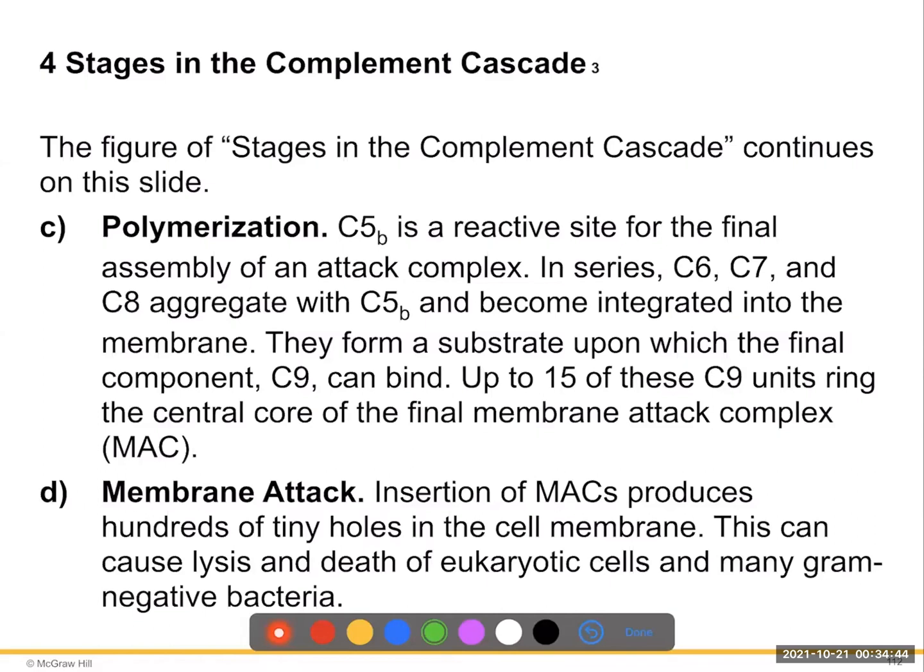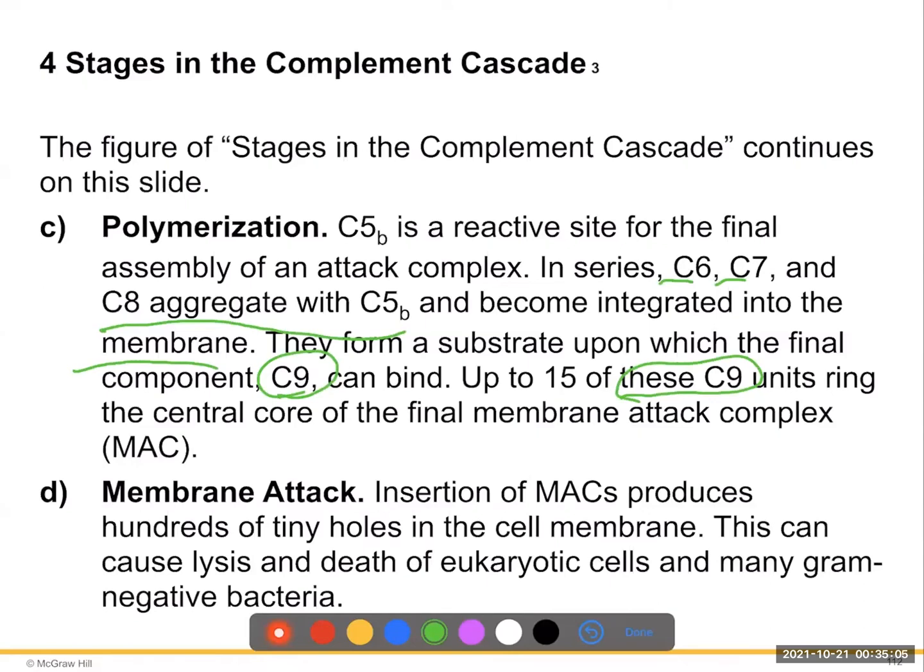Then C6, C7, and C8 aggregate and become integrated into the membrane. They form a substrate for the final component, C9. They can bind up to 15 of these C9 units in the central core, and they form an attack complex called the MAC, the membrane attack complex.